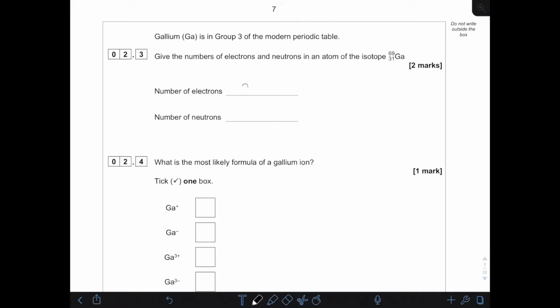So this is just a simple read of 31. It's just straight up copy and paste. And then neutrons is the difference between the mass and the atomic number, because the atomic number equals the number of protons. And the mass is the total number of protons and neutrons, which means that 69 minus 31 should give you 38. So that's the number of neutrons.